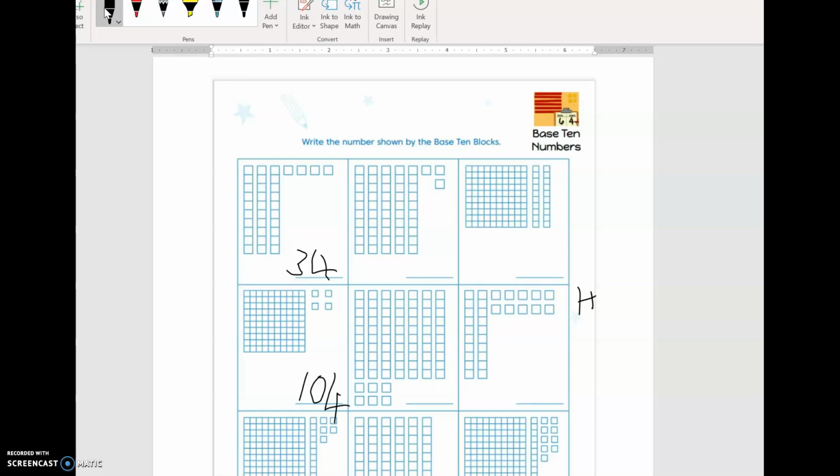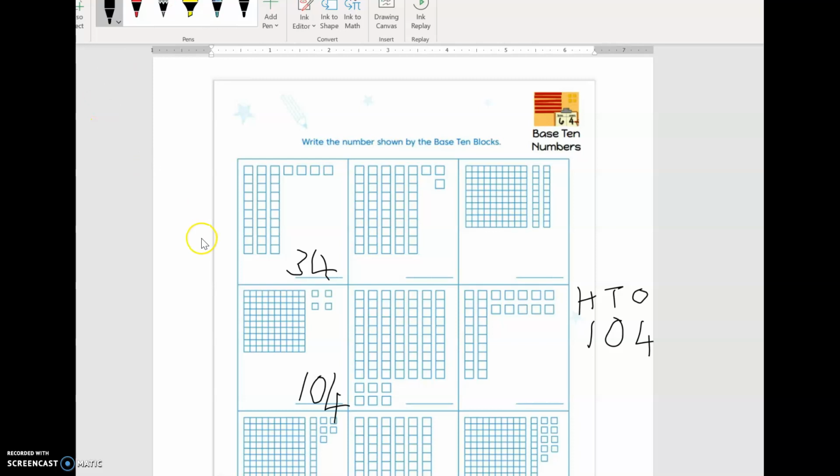So hundreds, tens, and ones. So I'm going to put 1 in the hundreds place, because I have one flat. There are no tens, so I'm going to put a 0. And how many cubes do I have? I have 4. So that's your answer, 104.